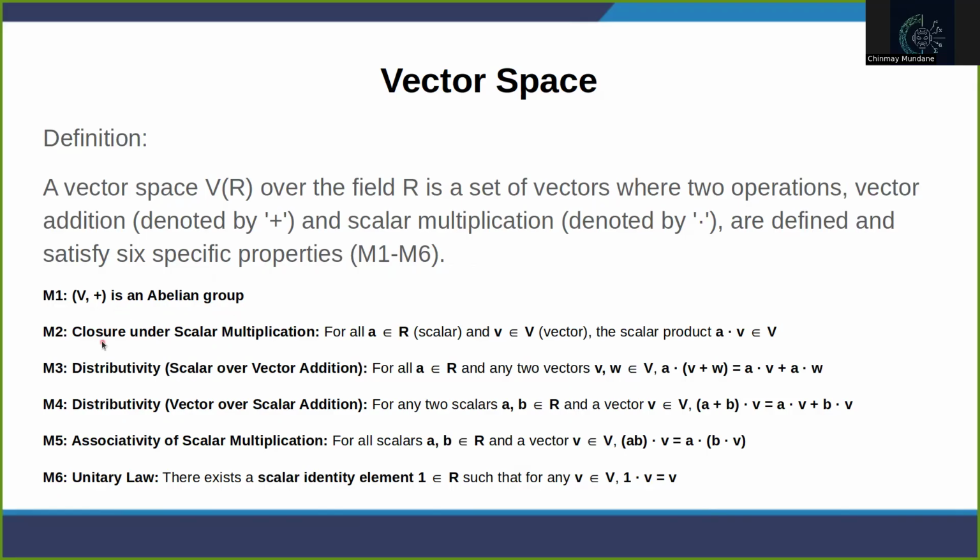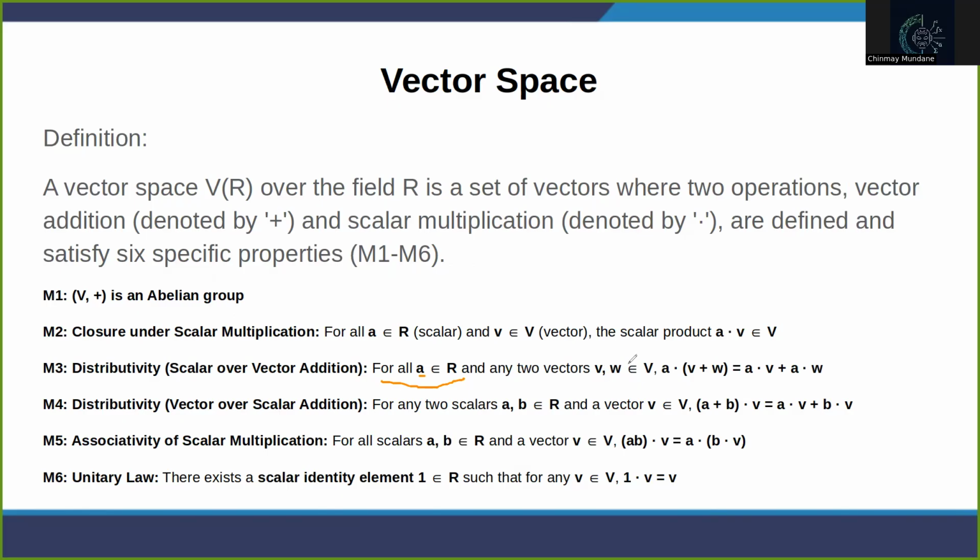Then second is the closure under scalar multiplication. So for this scalar multiplication, for all A belonging to R and any two vectors V, W belonging to V. A is nothing but a real number. It can be any real number, 1, 2, 3, 5, 10, 15, anything. And V, W are just vectors: this is vector 1, this is vector 2.